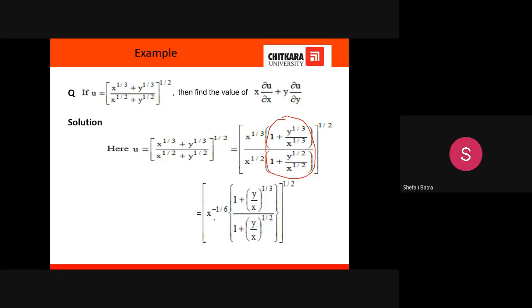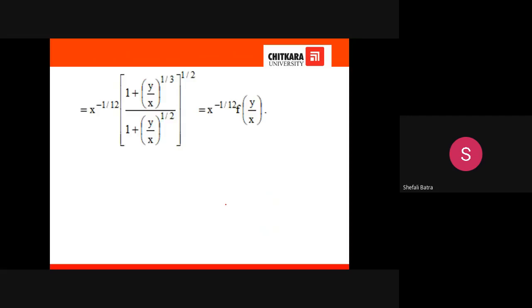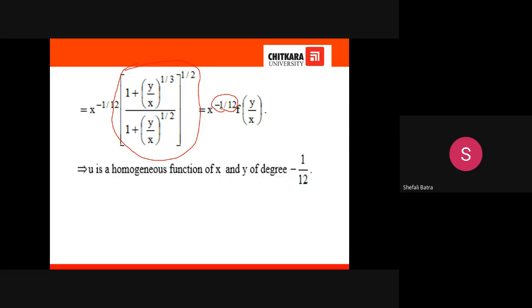So that would be minus 1 by 6, and then open it, multiply this power, x power minus 1 by 12 into this complete function of y by x, right? So u is a homogeneous function of variables x and y with degree minus 1 by 12.